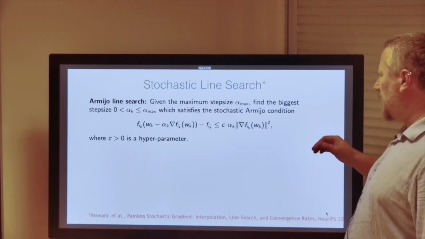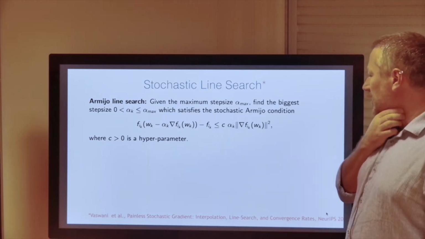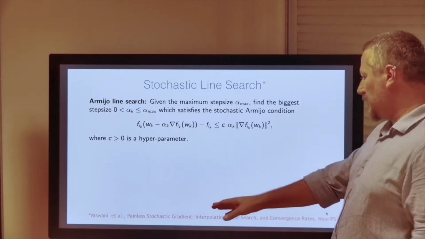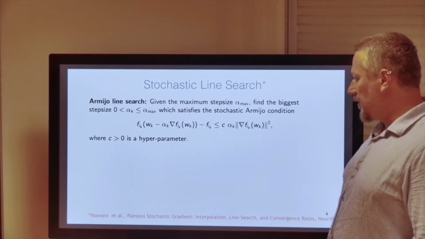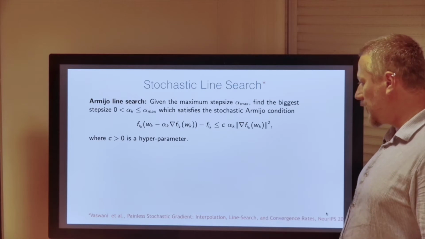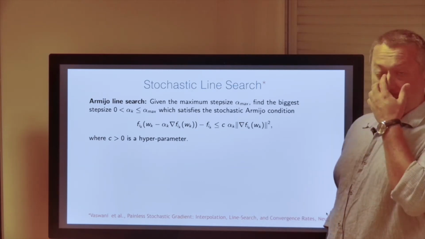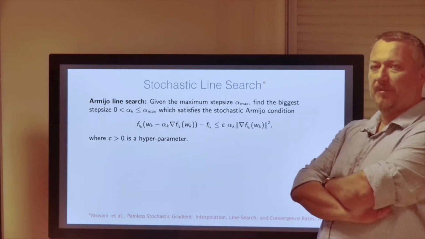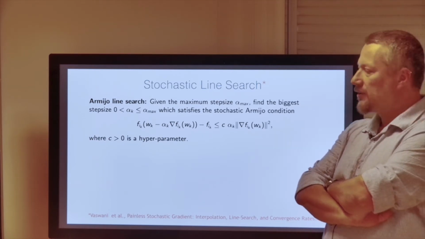All right. So I'm going to talk about stochastic line search. What it uses is actually a recent paper from 2019 that you can see here. And what it does is it applies this classical approach of Armijo line search from classical optimization to stochastic optimization.